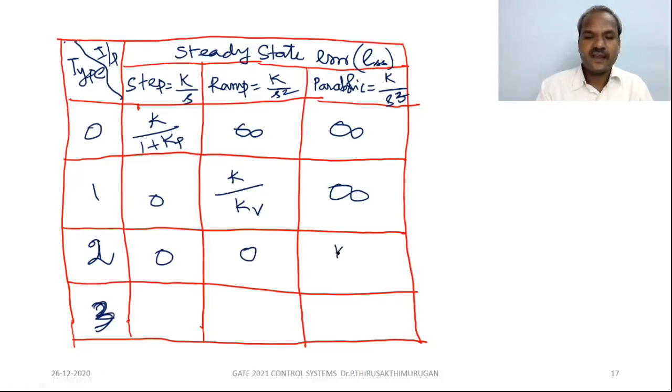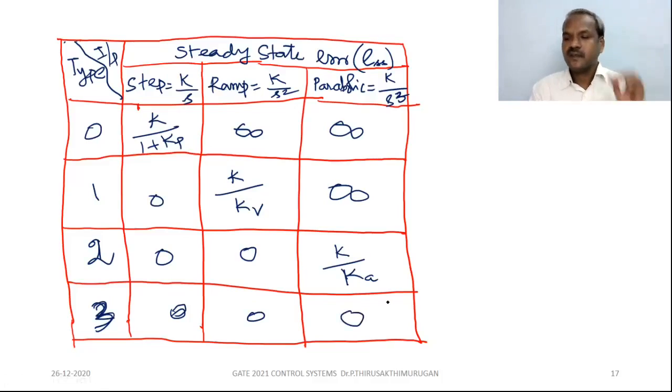So the finite value is k by ka, acceleration constant. Then type 3 system, step, ramp and parabolic inputs are all 0. So this is the matrix format for remembering your steady state error and its corresponding constant for various inputs.